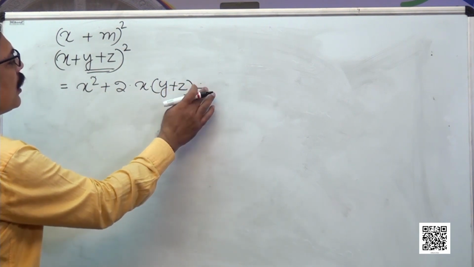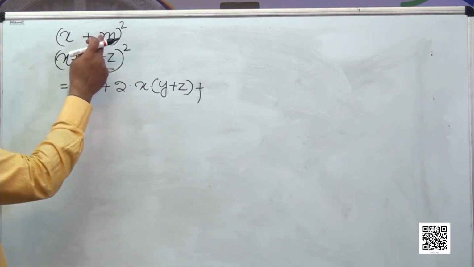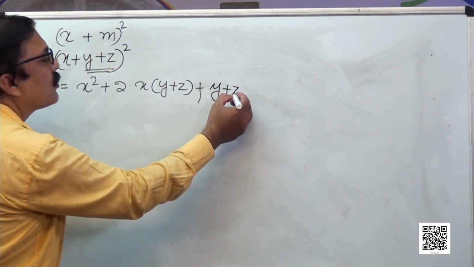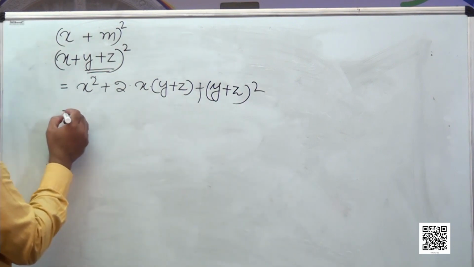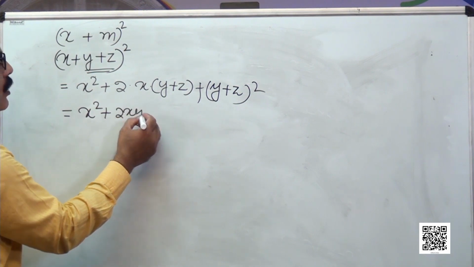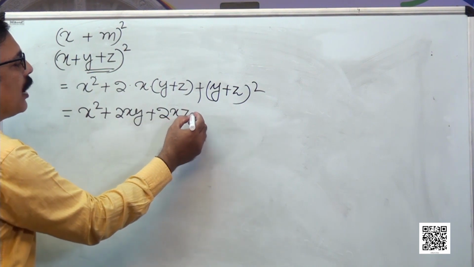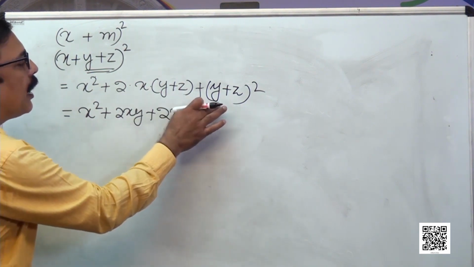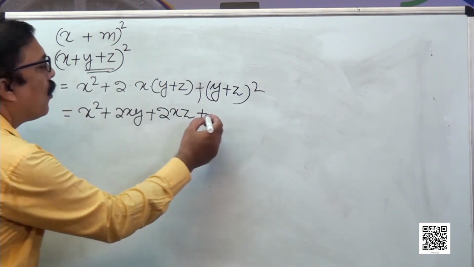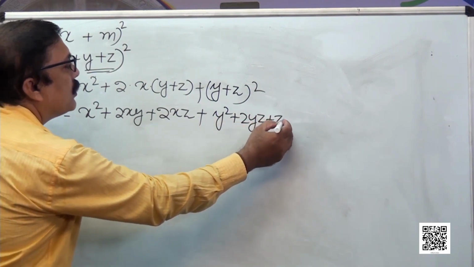plus m square. In place of m square, let me write (y plus z) whole square. This is equal to x square plus 2xy plus 2xz. Then here simply the whole square of y plus z, so y square plus 2yz plus z square.